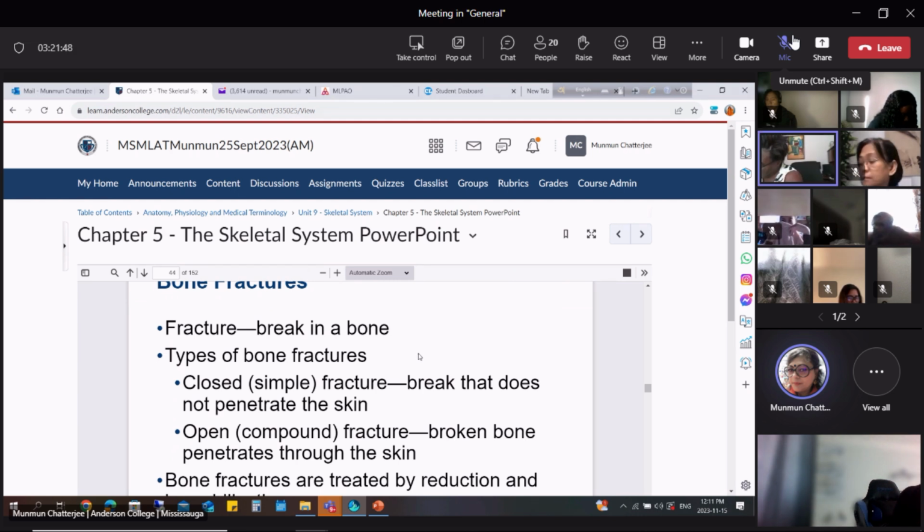That means the break is inside the skin. That is called the closed, the simple fracture. It does not penetrate the skin. Open: when the injury is so bad, the bone breaks and it penetrates and comes out. That is the open or compound fracture.